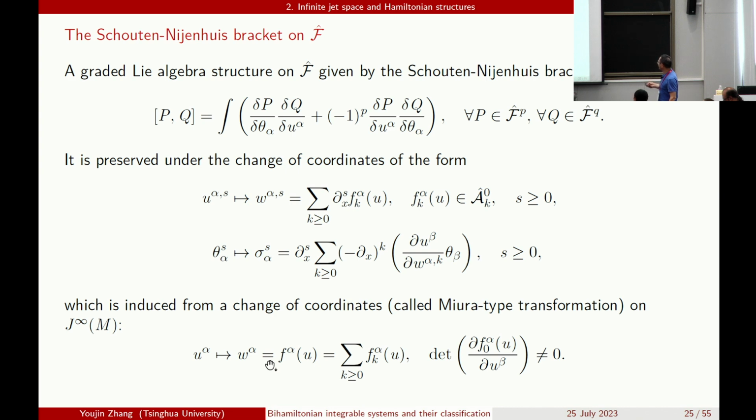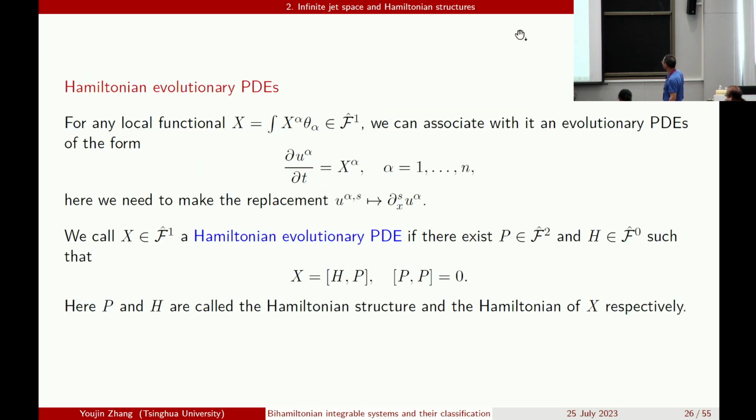So then we can define what is a Poisson bivector field. If a local functional of super degree 2 is commutative with itself using this Schouten bracket, then we call this a Hamiltonian structure or Hamiltonian bivector field.